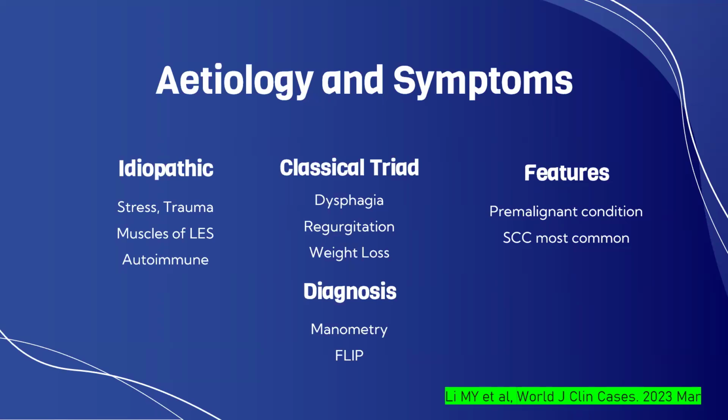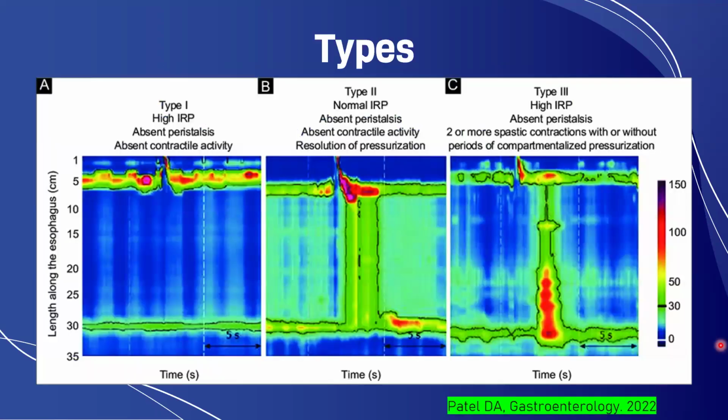Diagnosis is according to the Chicago classification. There are three types of achalasia cardia. In type 1, there is high integrated resting pressure, absent peristalsis, and absent contractile activity.